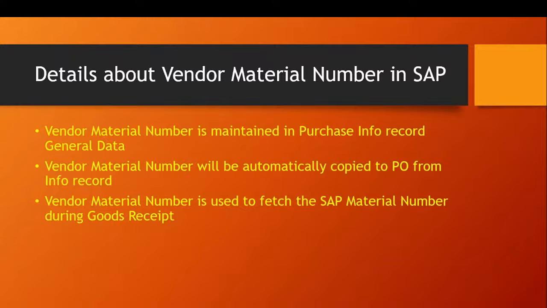Otherwise, go to the EINA table and pass the vendor material number. If it is available, get it from there. So this is what we get. So the vendor material number is used to fetch the SAP material number during goods receipt. I will show you how to get that.